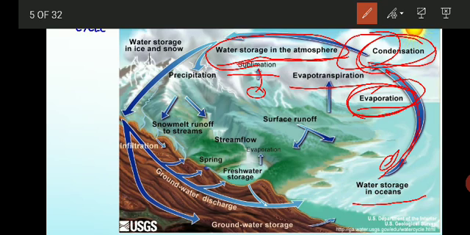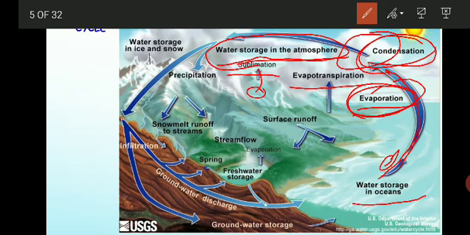So once the water is condensed, that forms the clouds, and water is again contributed by plants also, that is called transpiration. So the release of water from the plant leaves is called transpiration, by which the moisture is carried through the plants from the roots to the small pores of the leaves.